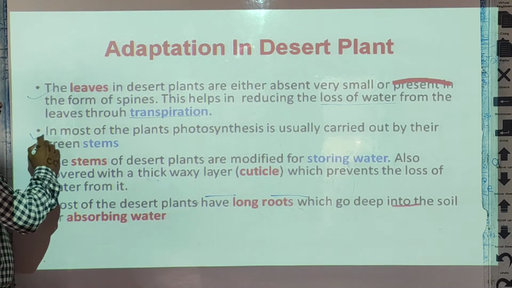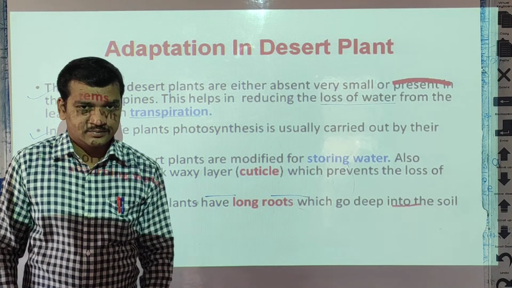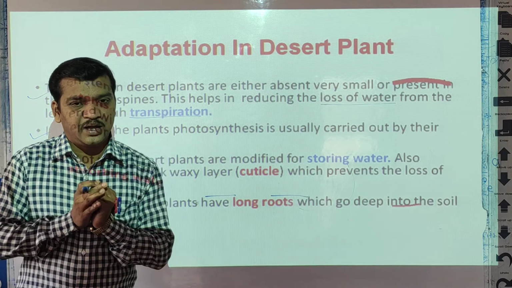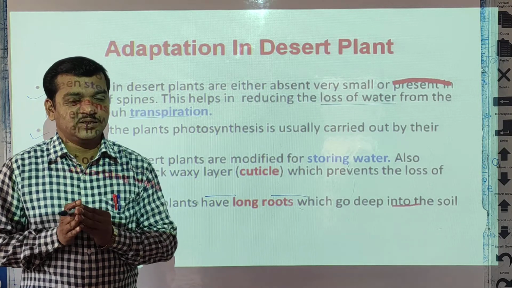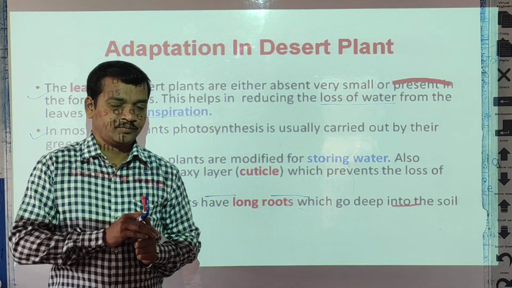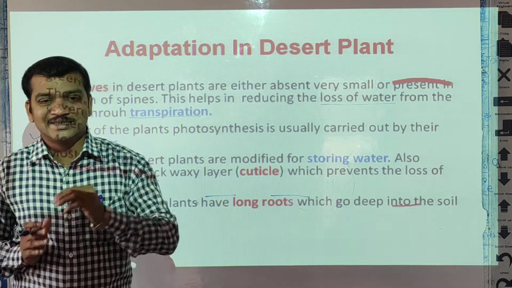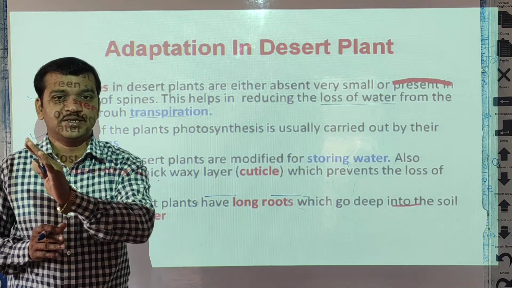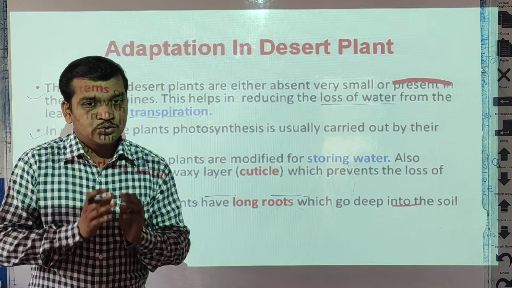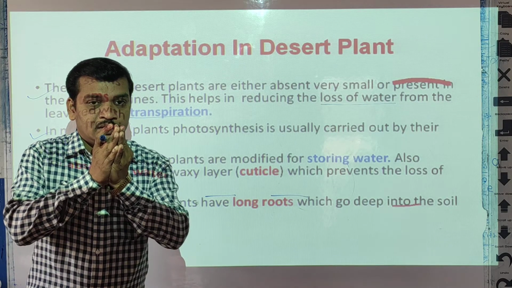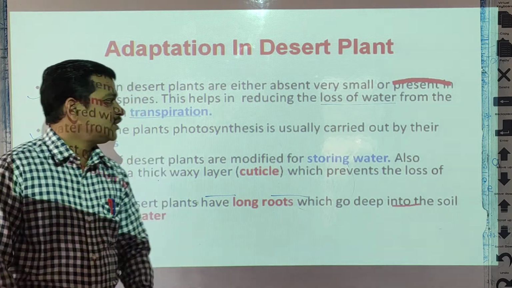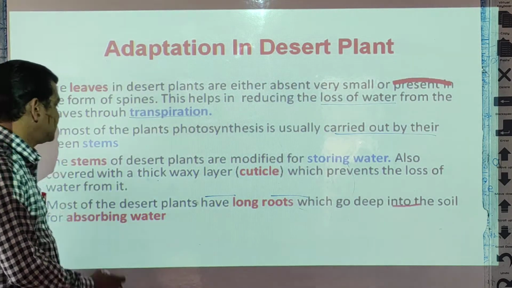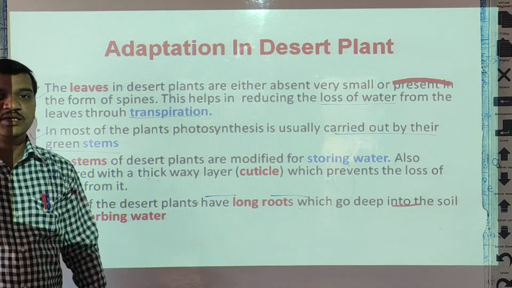Second thing, in most plants, like those in our area, the photosynthesis process is done by leaves. But in desert plants, leaves are very small or sometimes absent or like thorn. So in desert plants, the photosynthesis process is usually carried out by their stems, and stems are mostly green in color.